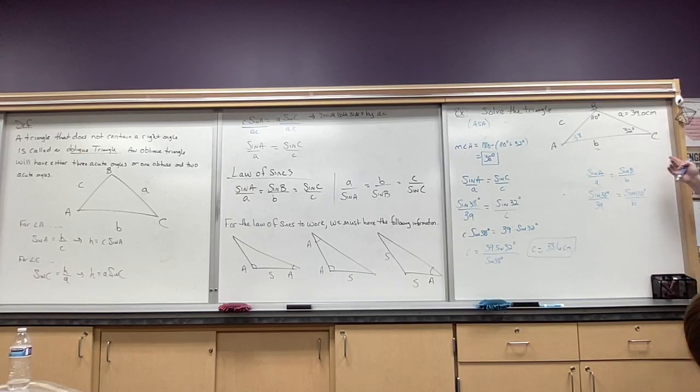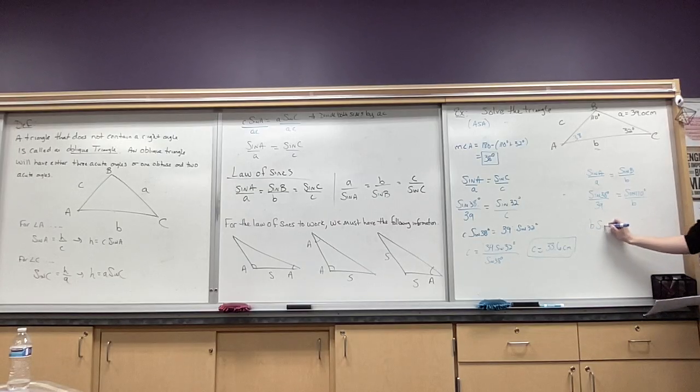By the way, because we're doing this in our notebook, I'm writing out what the equation is and plugging values in. Do you have to do that yourself? You don't need to. You can just jump right to this. That's no big deal. Cross multiply, we get b sine of 38 degrees equals 39 times sine of 110 degrees. And just like the prior one, we're going to divide both sides.